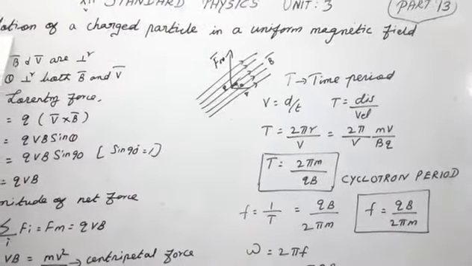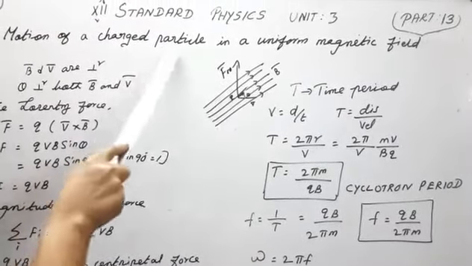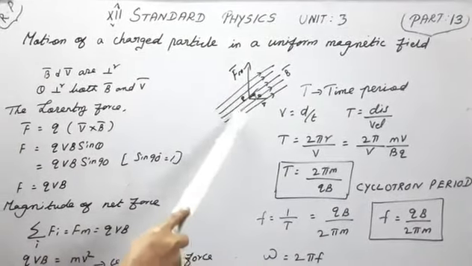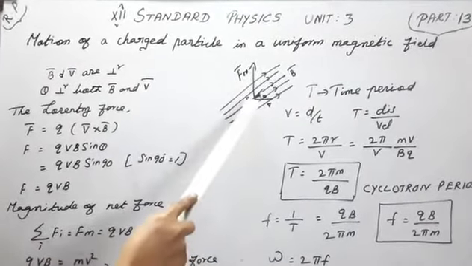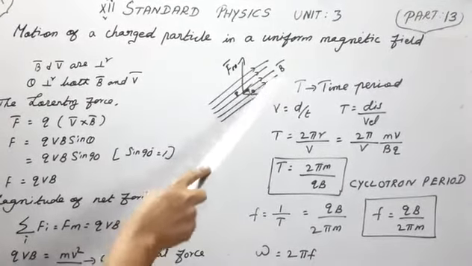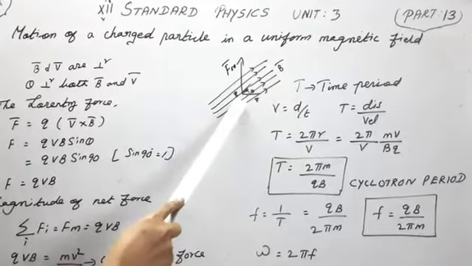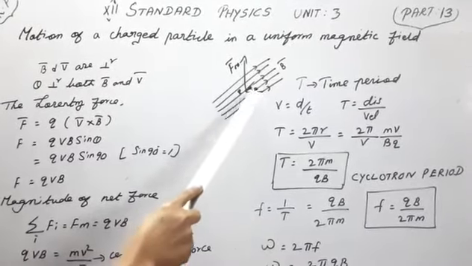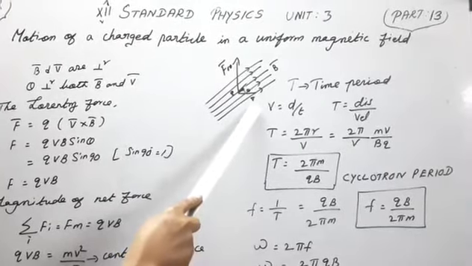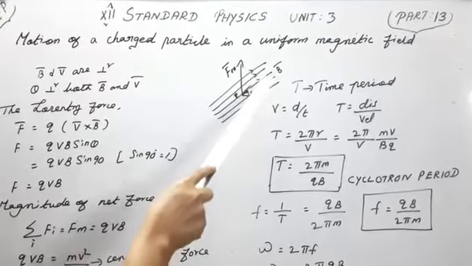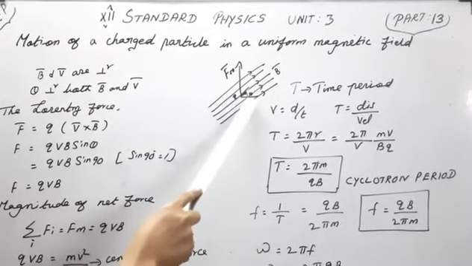The next topic is the motion of a charged particle in a uniform magnetic field. Let us take the uniform magnetic field drawn here, and the magnetic field is the b vector. Here the charge q enters the uniform magnetic field in a perpendicular direction. Therefore, the velocity and b vector are both perpendicular.